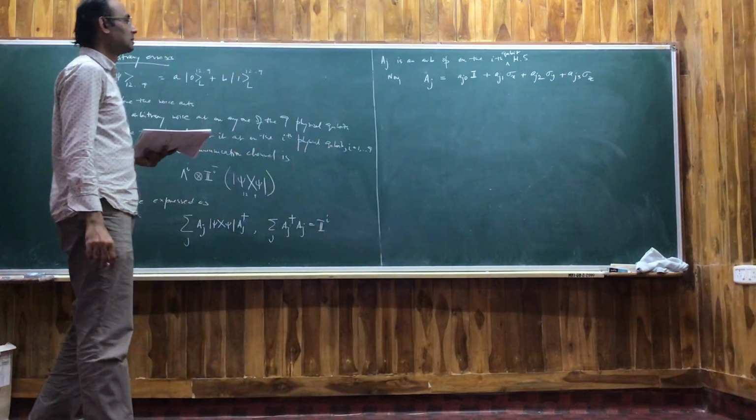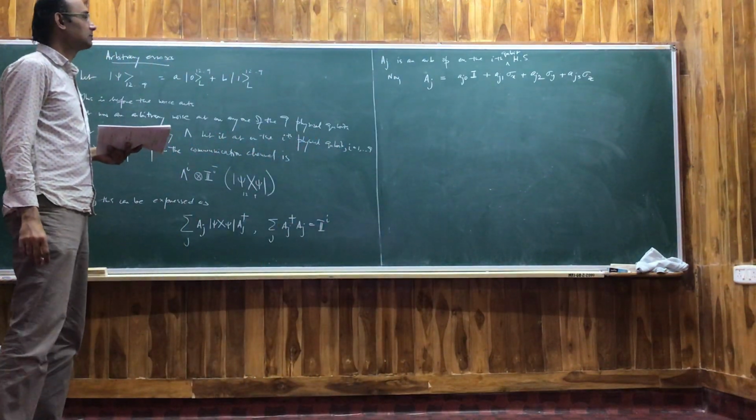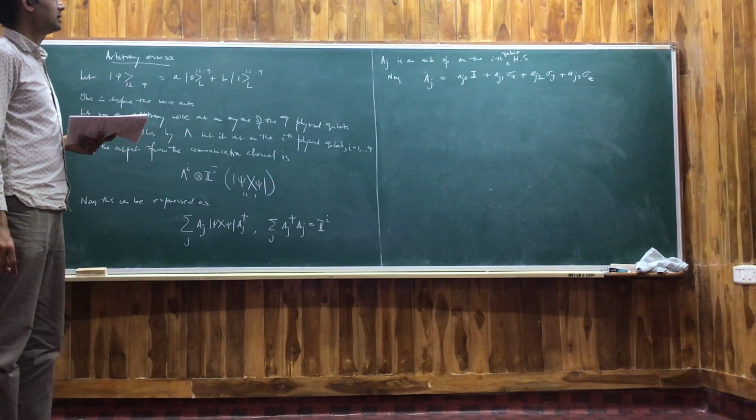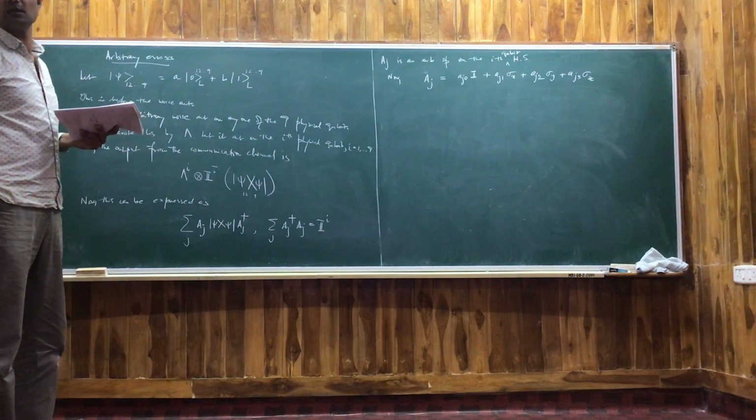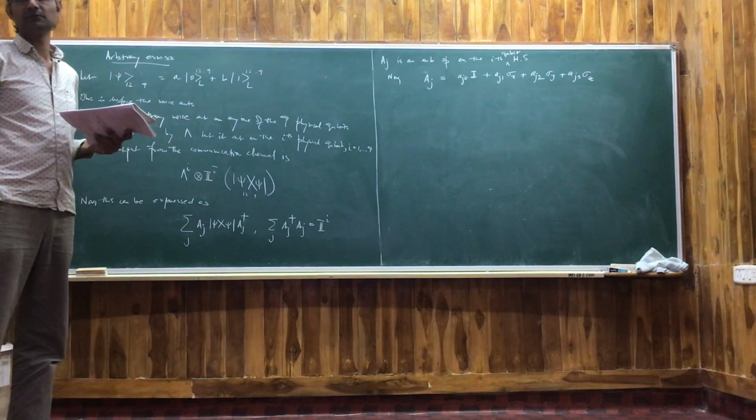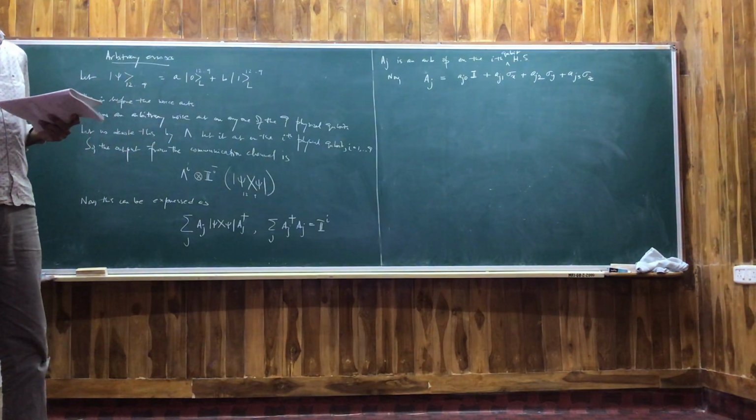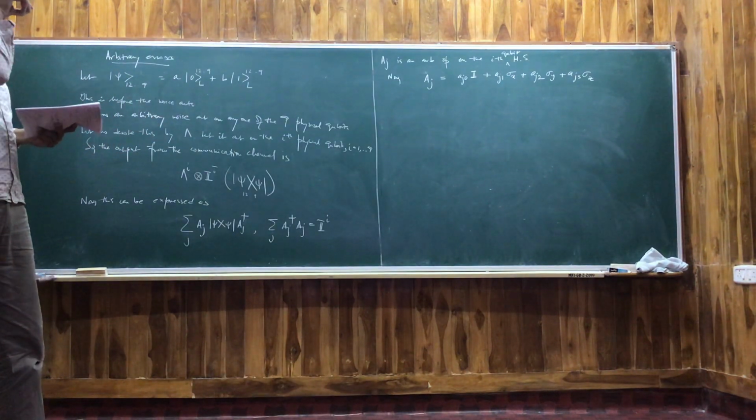Because the Pauli matrices and identity span the space of operators. Okay.